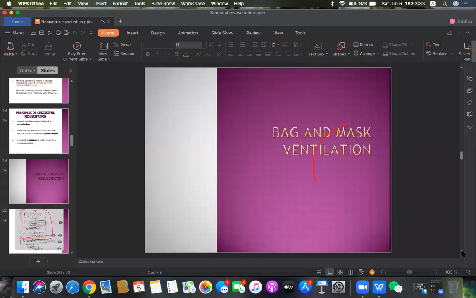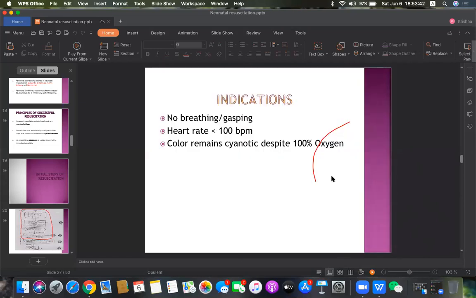Now let's talk about bag and mask ventilation. Bag and mask ventilation is also known as positive pressure ventilation. So what are the indications for bag and mask ventilation? There are certain indications. If the baby is not breathing or if there is a gasping respiration, I definitely need to go for positive pressure ventilation by bag and mask.